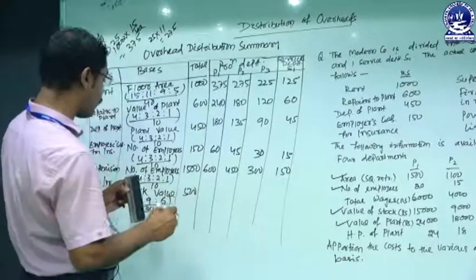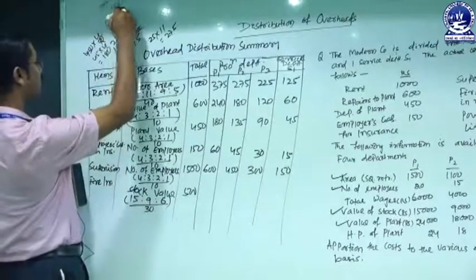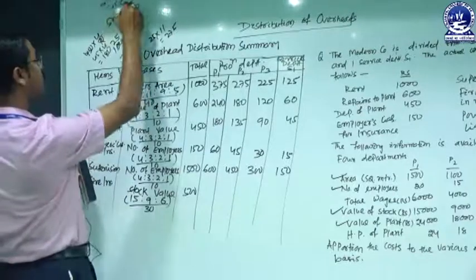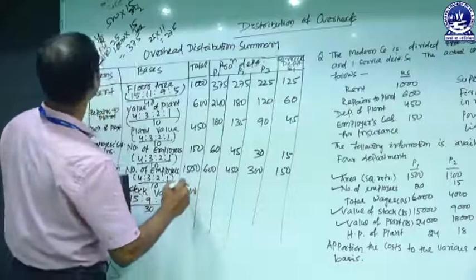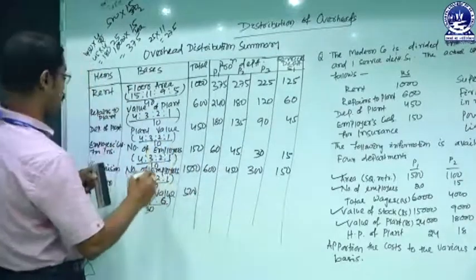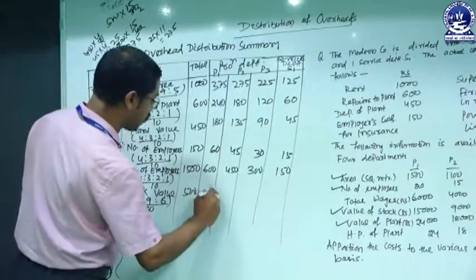So department P1 will get 500 into 15 by 30. That means 1/2, that is 500 divided by 2, that is 250.